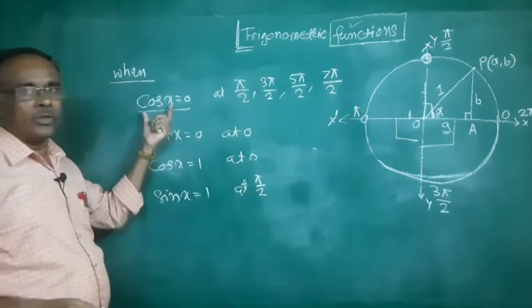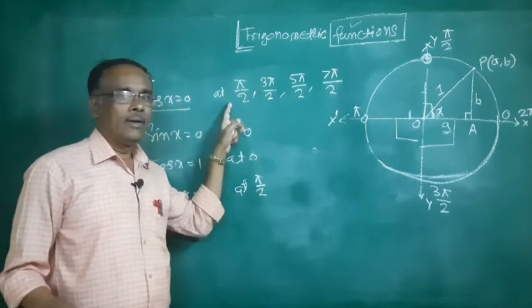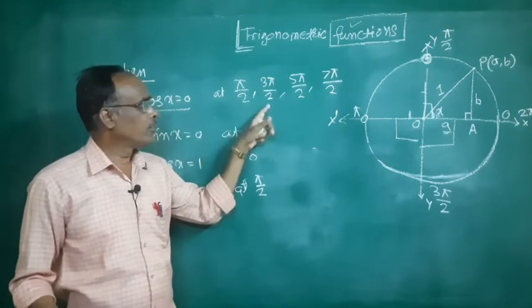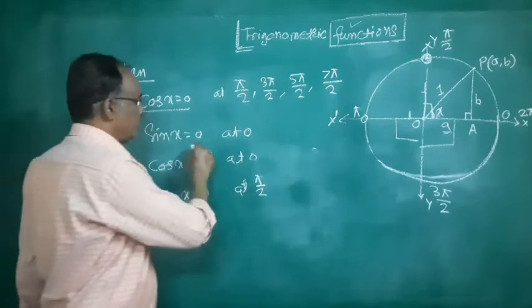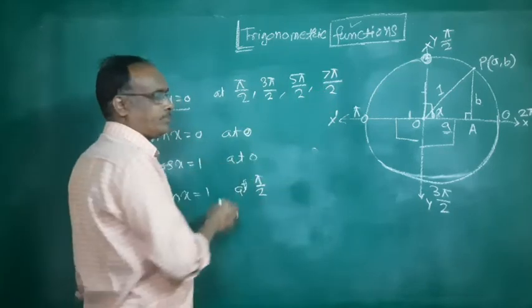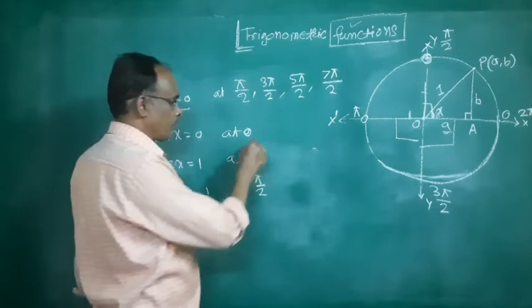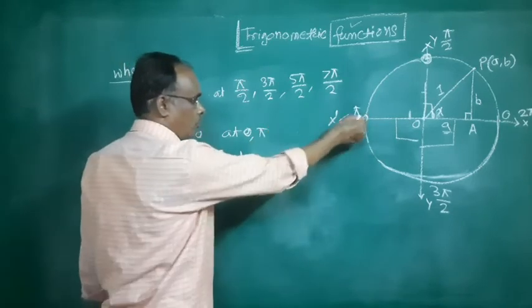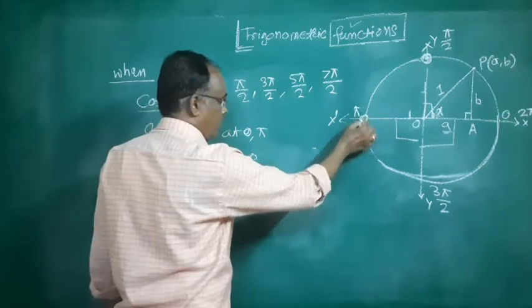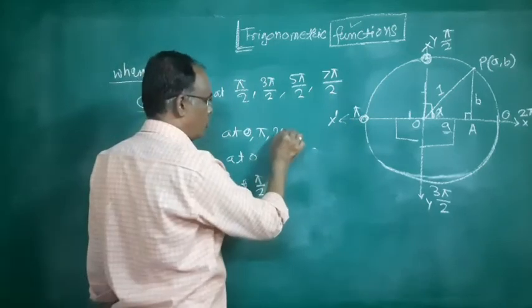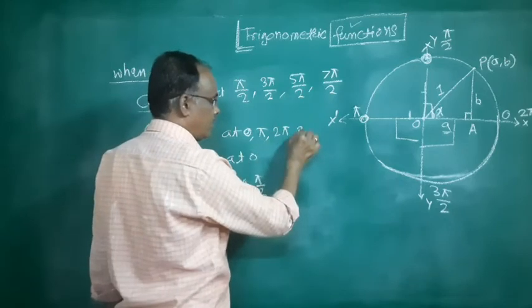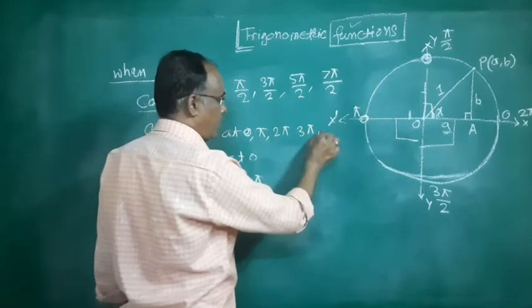Cos x becomes 0 when the angle is pi by 2, 3 pi by 2, 5 pi by 2, 7 pi by 2. And sin x equals 0 at 0, pi, 2 pi, 3 pi, and so on.